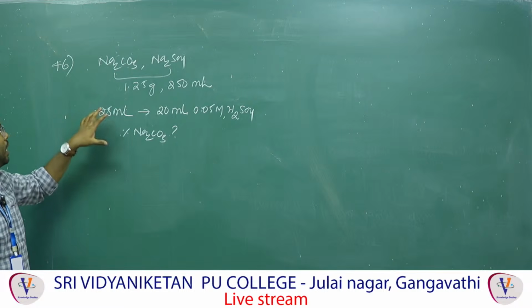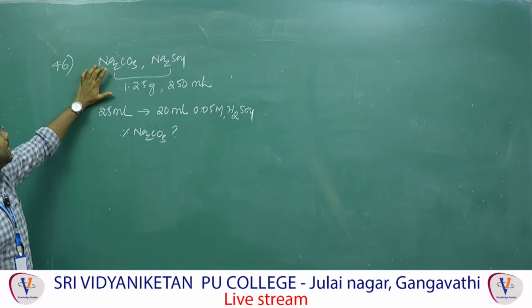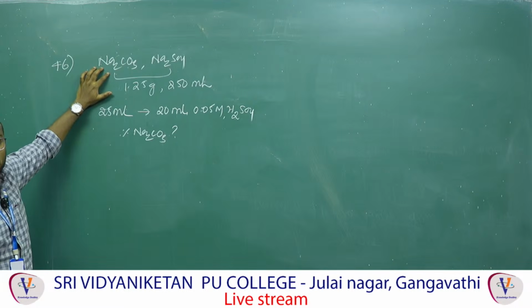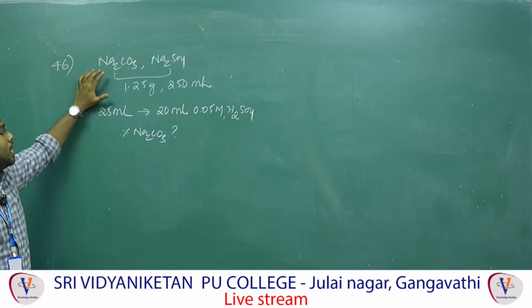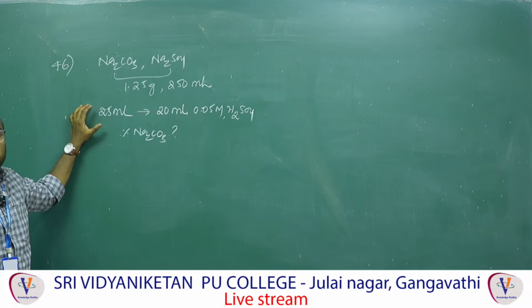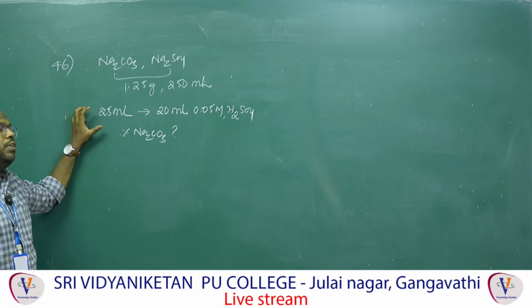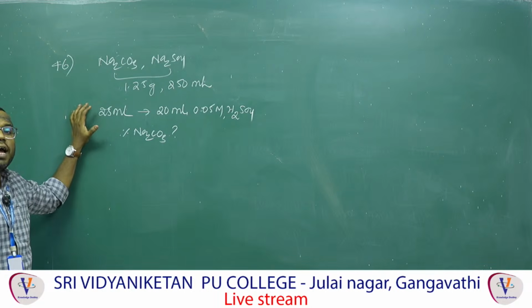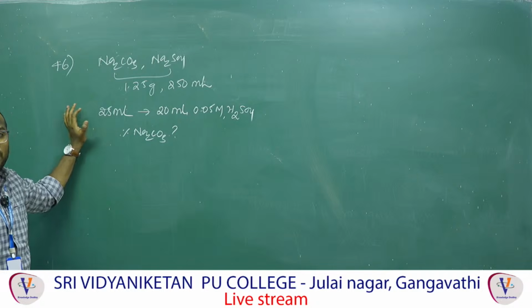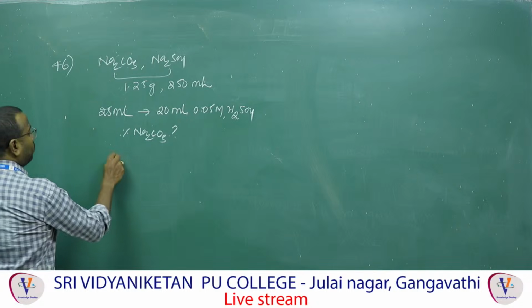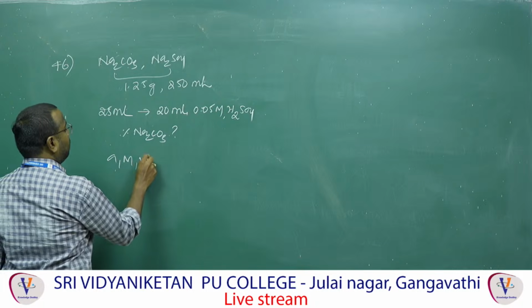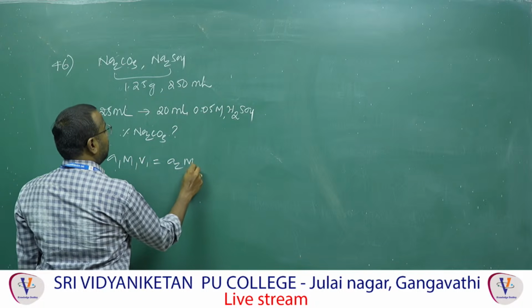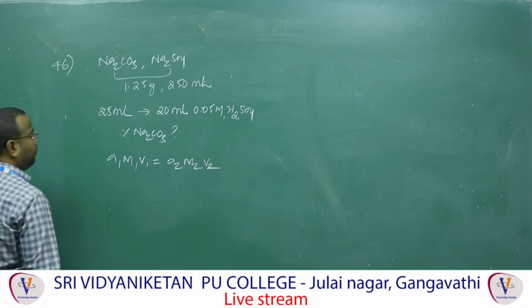First, let's think about how much molar sodium carbonate has really reacted in this particular reaction with sulfuric acid, because sodium sulfate does not react with sulfuric acid anyway. So A1 M1 V1 equals A2 M2 V2.